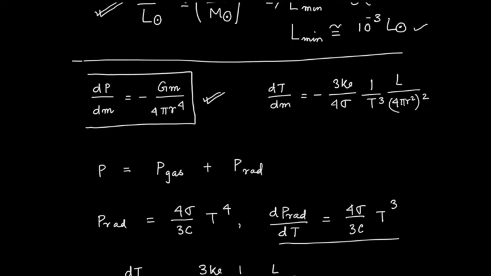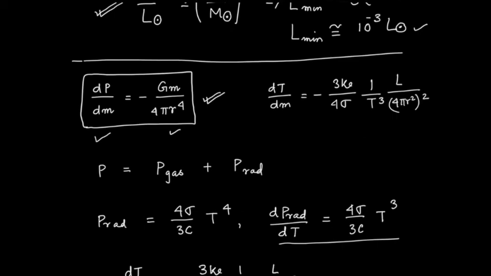Now let me tell you a little bit about this expression. The right hand side is essentially the force of gravity, which is trying to collapse the star. The left hand side is the pressure, and the pressure varies as a function of radius or the mass within that radius. Because of that, the pressure is trying to expand the star.